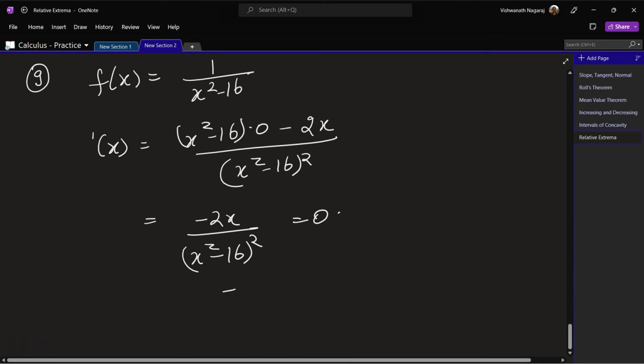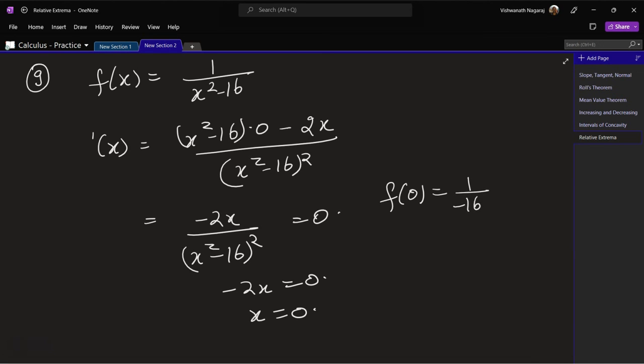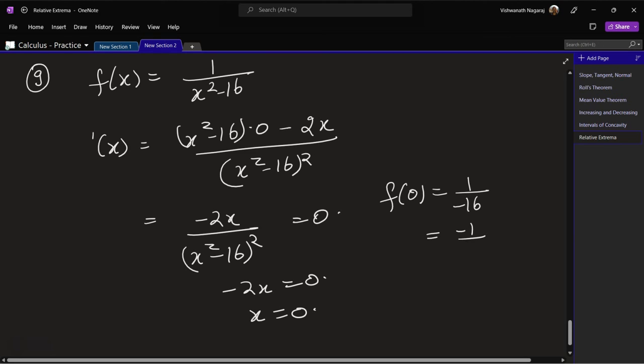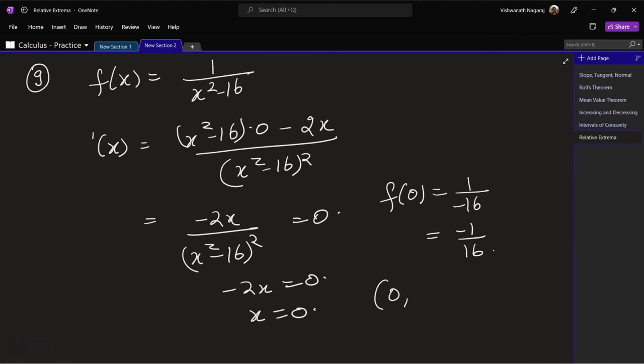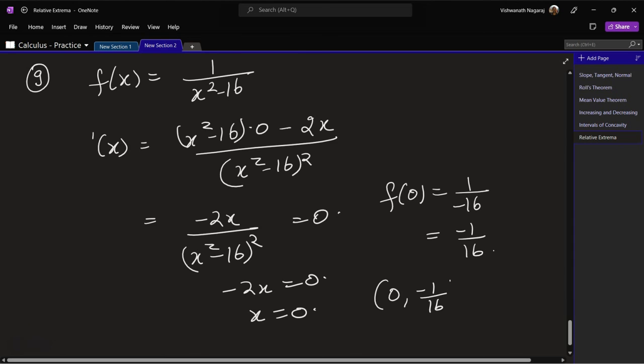Equating it to 0, we get minus 2x equal to 0. That means x equal to 0 and f of 0 is equal to 1 by minus 16, which gives us minus 1 by 16. So our point of interest is going to be 0, comma minus 1 by 16.